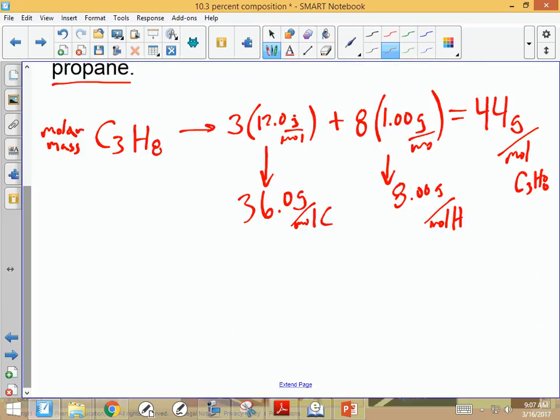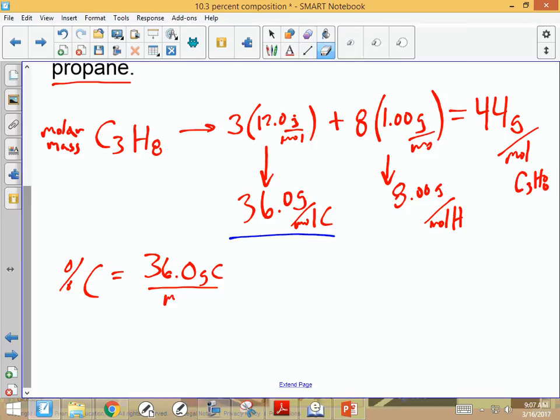What can we do with those numbers? Well, let's find the percent composition of carbon first. We take the part, which is here, 36.0 grams of carbon per mole.